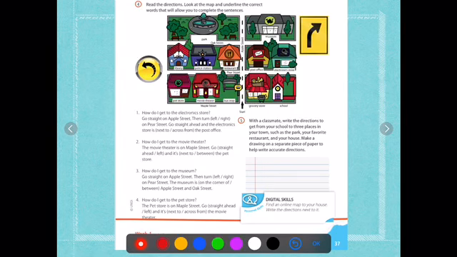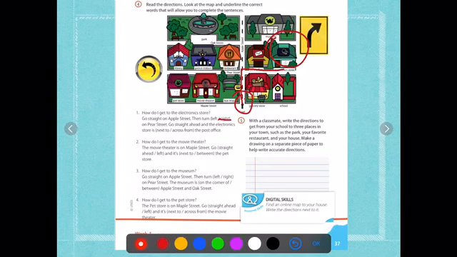Okay, how do I get to the electronics store? Go straight on Apple Street. So let's start by my starting point. So let's see. It says, how do I get to the electronics store? Electronics store is here. So it says go straight on Apple Street, turn what? Turn right, and it's underlined. I'm sorry, it's right.